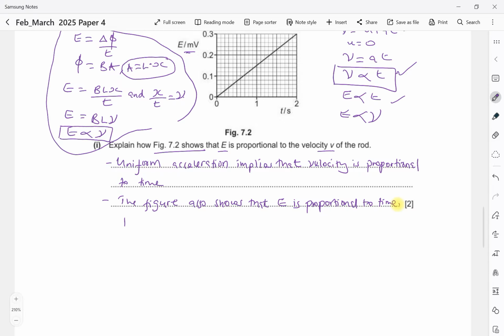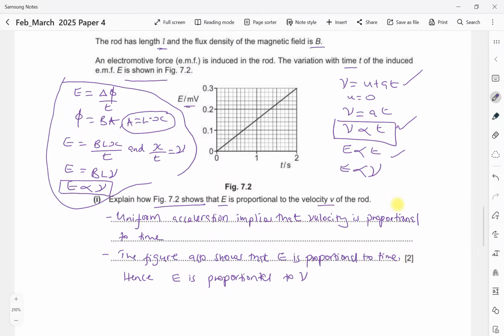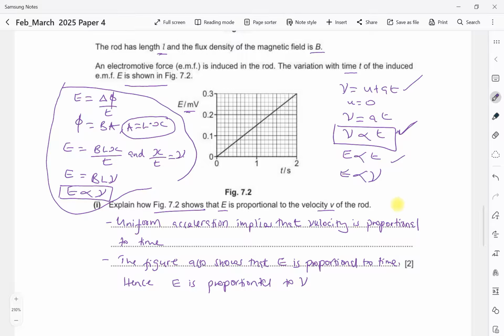Hence, E is proportional to V. This is very simple. If we consider the motion as being uniformly accelerated, we have seen that V was directly proportional to time. When you look at the graph, it is a straight line through the origin, which means that E is directly proportional to T, and thus E will be directly proportional to V.